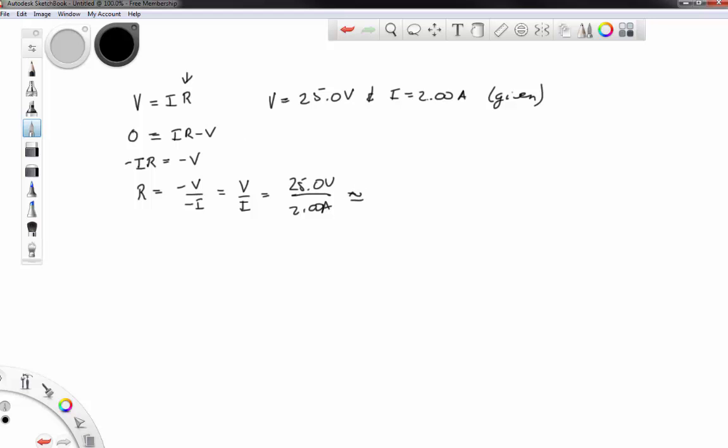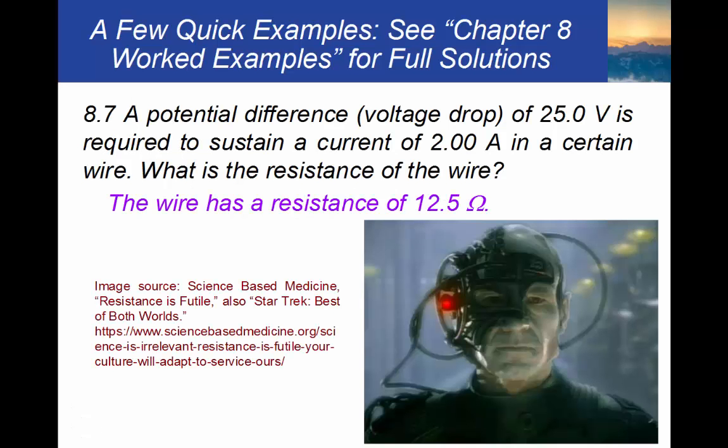So should be 12.5, so we have a resistance of 12.5 ohms. So we've now got the resistance for the wire with the correct number of significant figures.